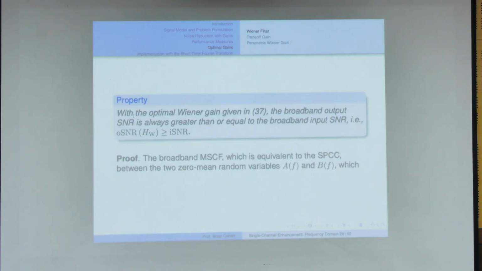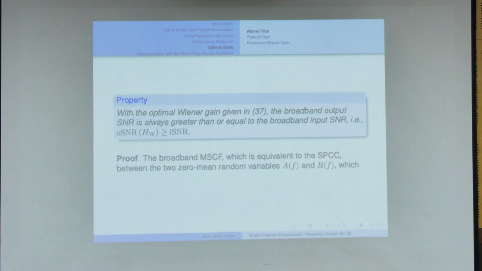And a nice property is that we obtain the Wiener gain based on the narrowband MSE. And then I can ask you, what will happen with the broadband output SNR? It can be shown that the broadband output SNR is always larger than or at least equal to the input SNR.